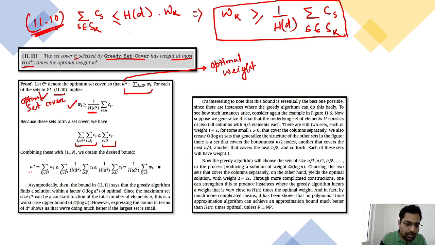So the W star we found. If you want to find out W star, the weight assigned, W star means the optimal weight, which is a weight assigned to each of the subsets which are optimal subsets, which we have already found out. For this one, it is again greater than this value which we have found out, and this we have kept from this.